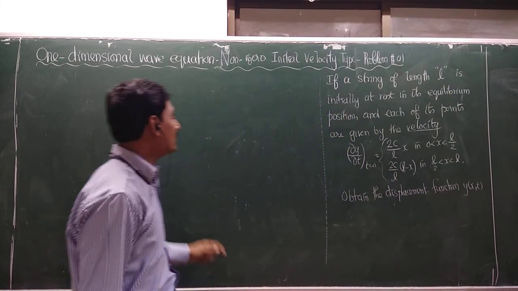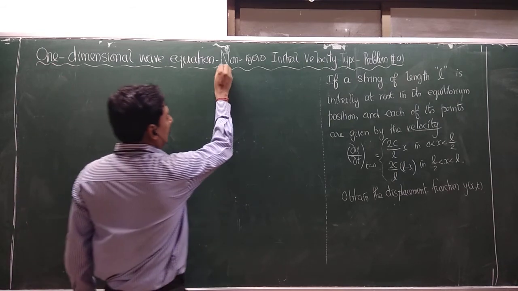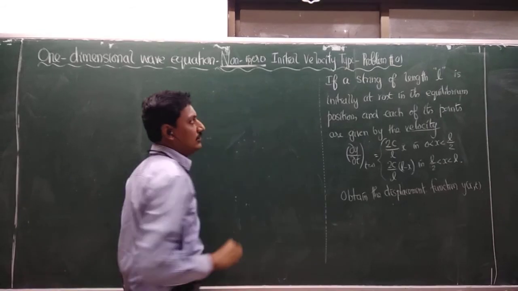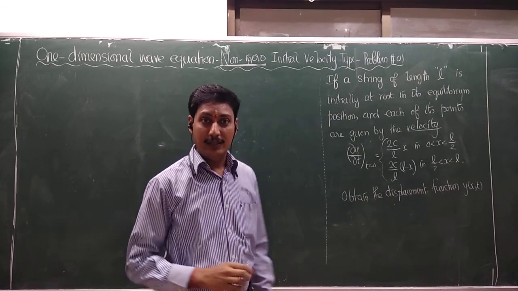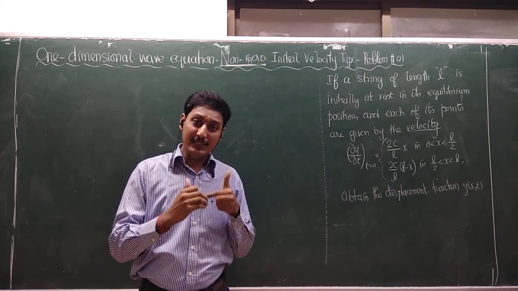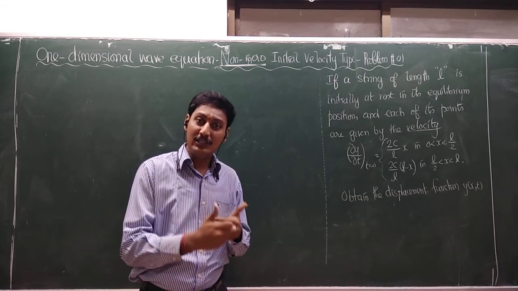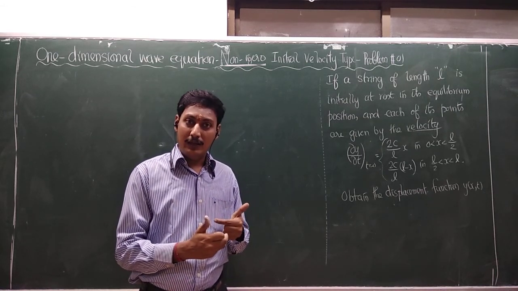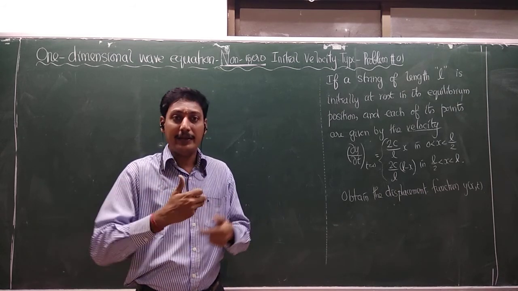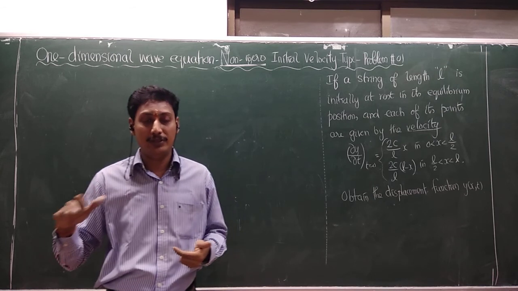The topic is one-dimensional wave equation, non-zero initial velocity. In this case, once the initial velocity is given to the string at initial stages, we may allow the string to vibrate by giving some initial velocity in its equilibrium position.